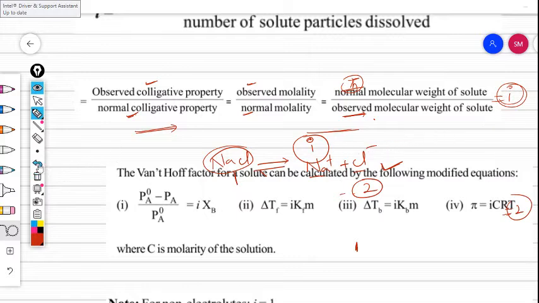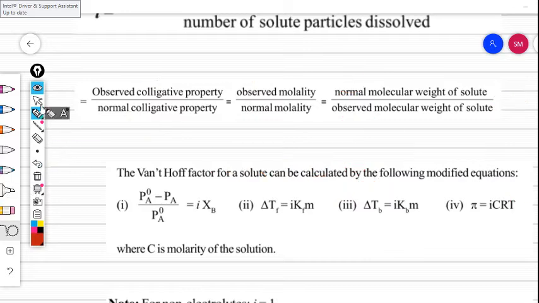After applying the Van't Hoff factor, the calibration factor or calibration constant, the relative lowering of vapor pressure, RLVP, becomes (P0 minus PA) by P0 equal to mole fraction into i. Similarly, depression in freezing point is delta TF equal to KF into m into i.